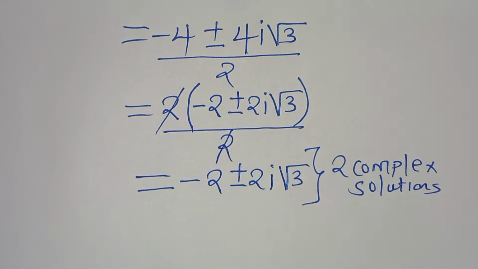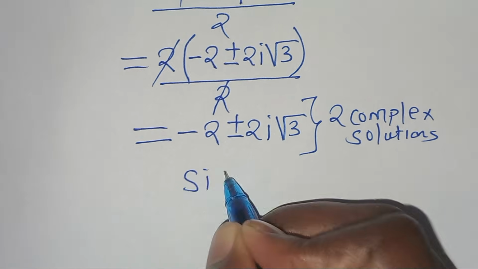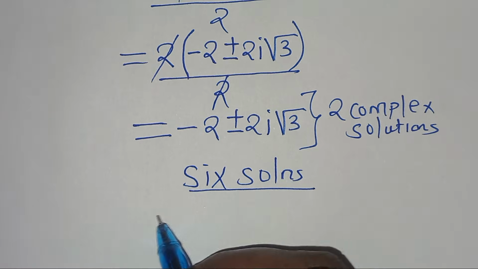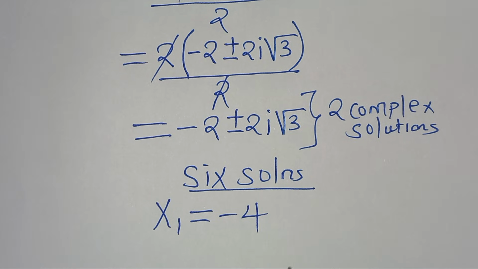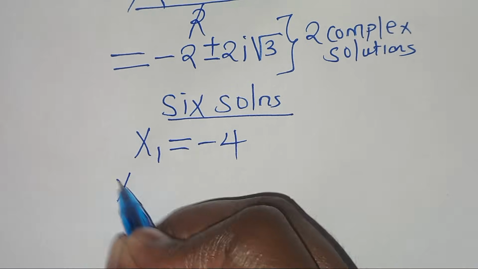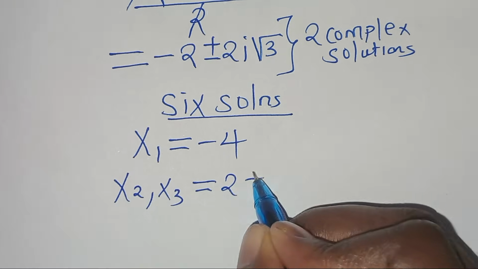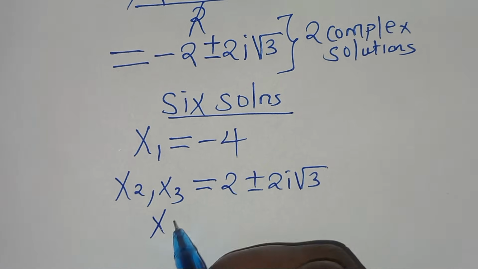under case 2. So this totals to 6 solutions here. We have 6 solutions to this algebra problem. We have x1. This is equal to minus 4. We have x2, x3. This is equal to 2 plus or minus 2i square root of 3. Then we have x4.